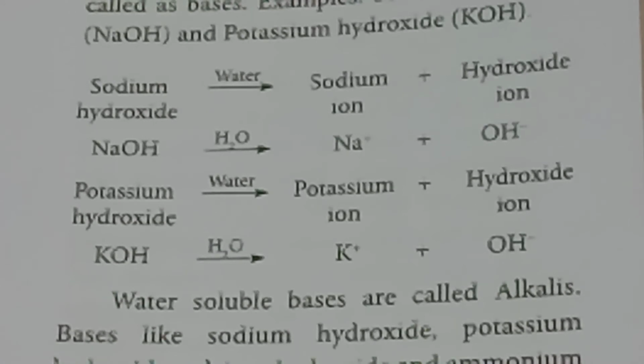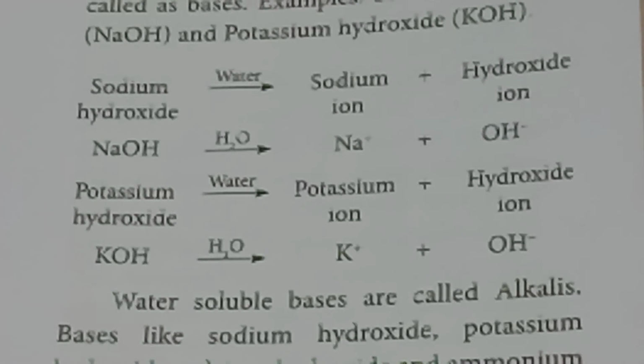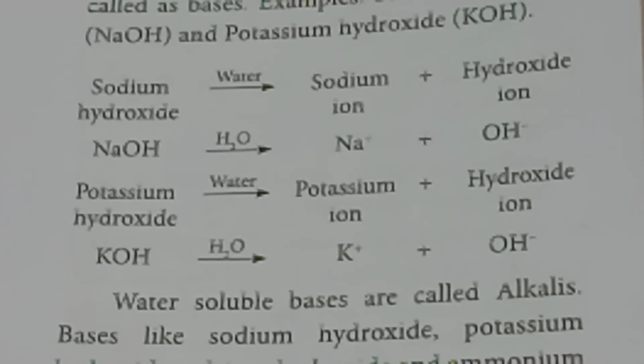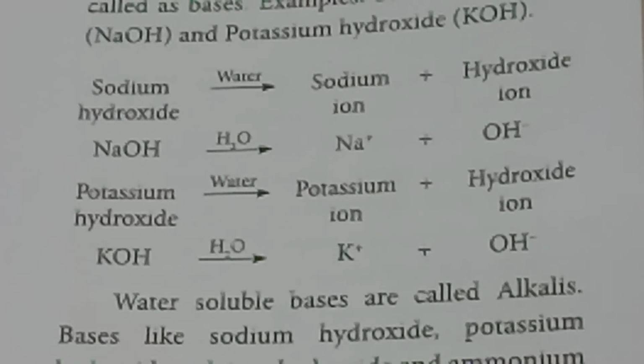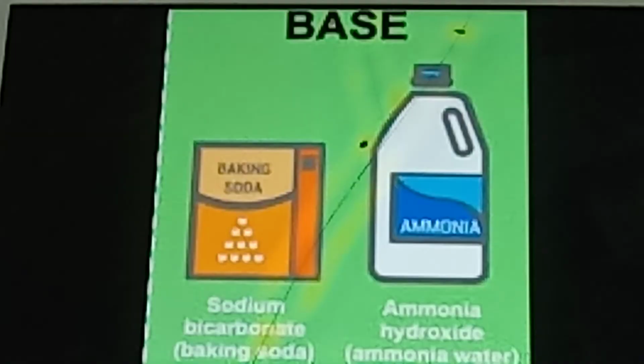Potassium hydroxide, KOH, gives potassium ion K plus and hydroxide ion OH minus.